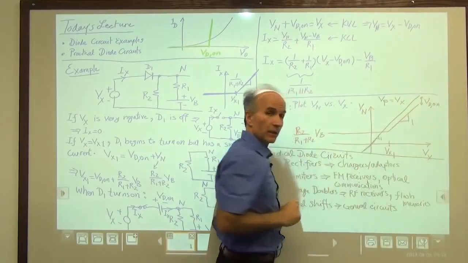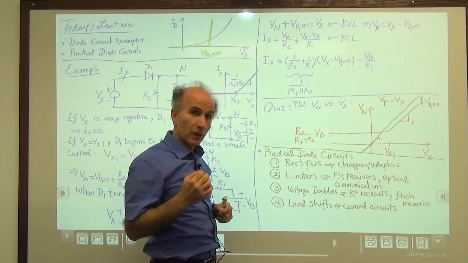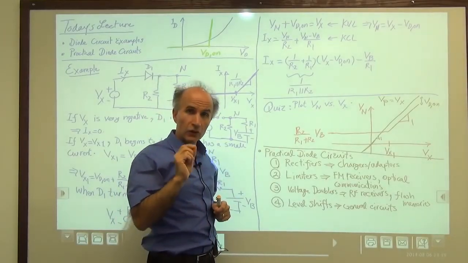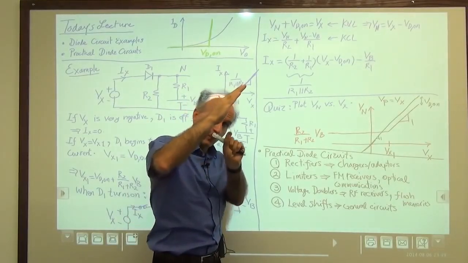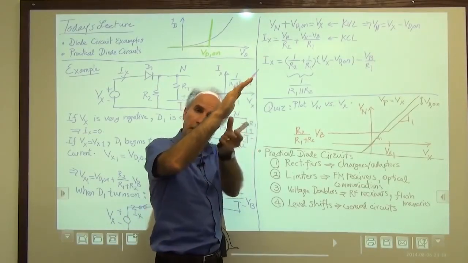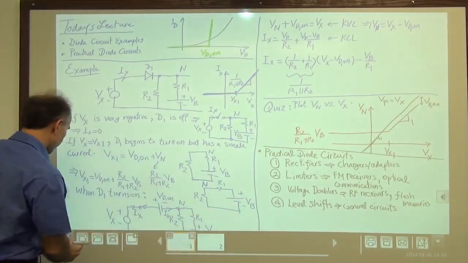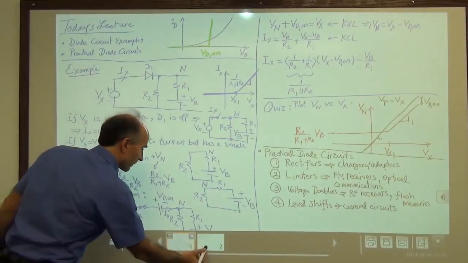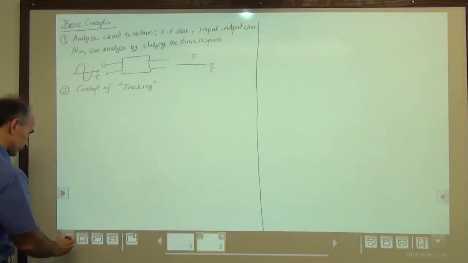That's what we call tracking. In another language, we say Vn is pinned to Vx, meaning that wherever Vx goes, Vn is also pinned to it and wants to follow it, again with some constant difference. So that's what we call tracking, and it's good to remember that, because as we will see, this happens a number of times in our analysis of circuits.